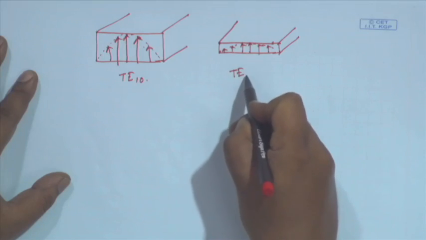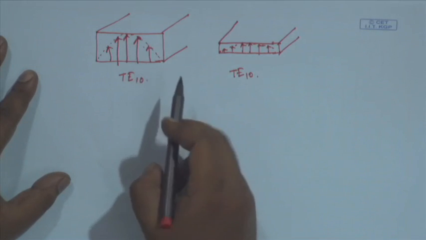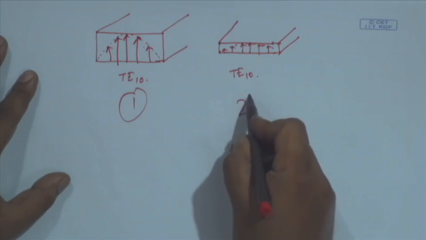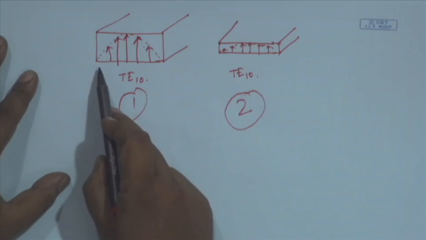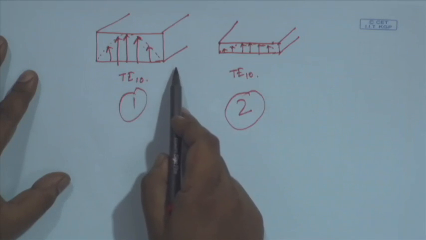So, we have perpendicular electric field components which vary sinusoidally along its width. Now, the difference between 1 and 2 is that only the thickness changes; its width remains the same.